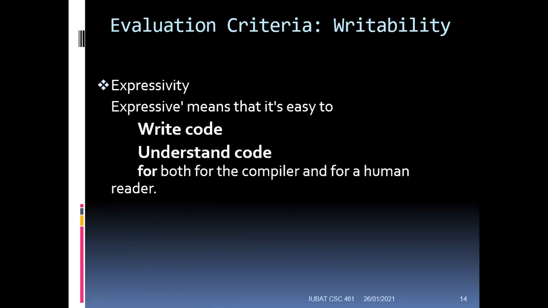If I get time at the end of the course, I will cover refactoring, but I think it will be covered in the software engineering course. It will make you a better programmer. So we have to make the code not only easy for the human, but also easy for the compiler.